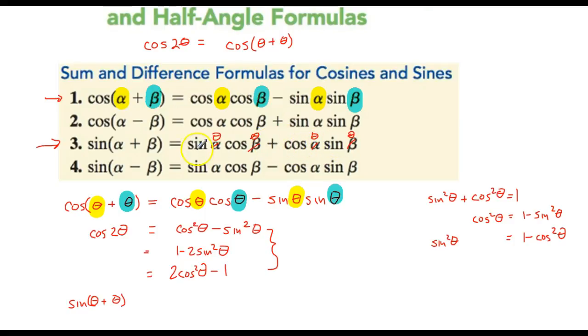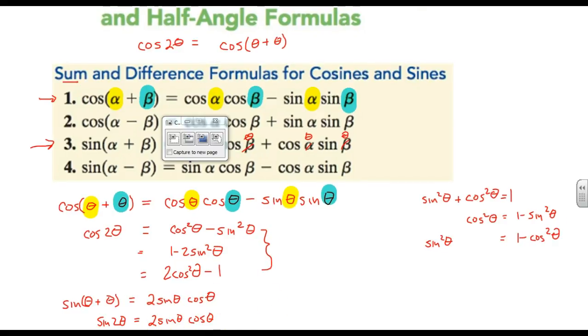If I reversed it, I'd have sine theta cosine theta in both places. So the sine of 2 theta is 2 sine theta cosine theta, and so we get this other doubling identity. So cosine 2 theta could be any one of these things, and sine of 2 theta is 2 sine theta cosine theta.